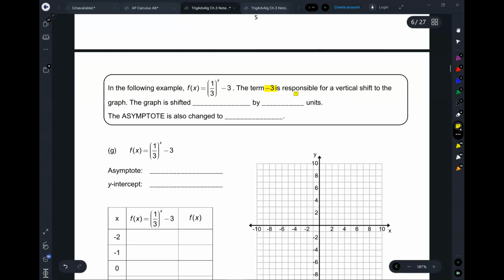It makes a vertical shift to the graph. This time, whatever that number is, that is the direction in which the graph moves. So if it's minus 3, the graph shifts down 3 units.